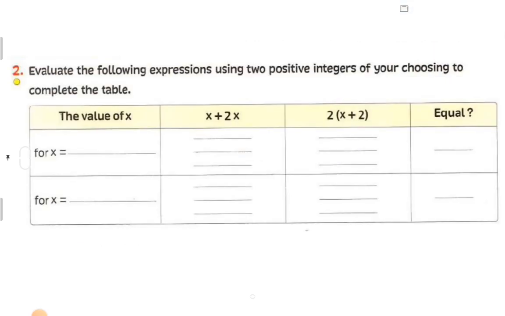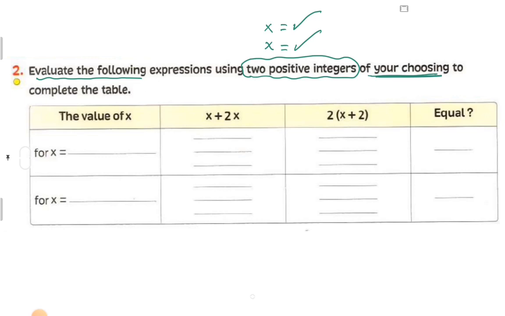Question number 2. Evaluate the following expression using two positive integers. Okay, you will put two values of x, of your choosing, and find out if they are equivalent or not.